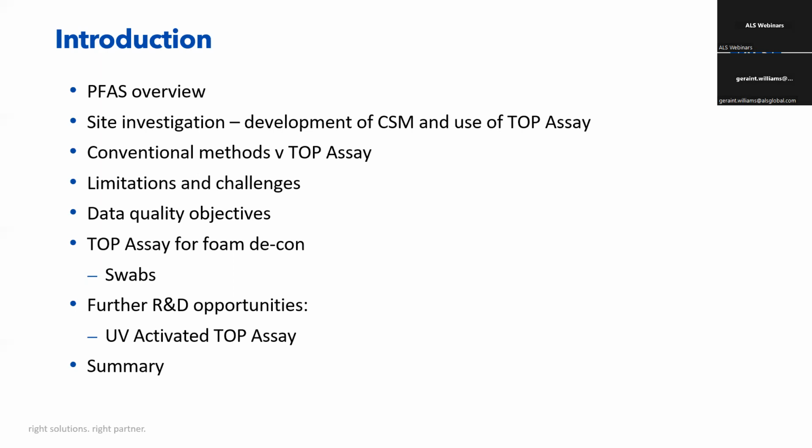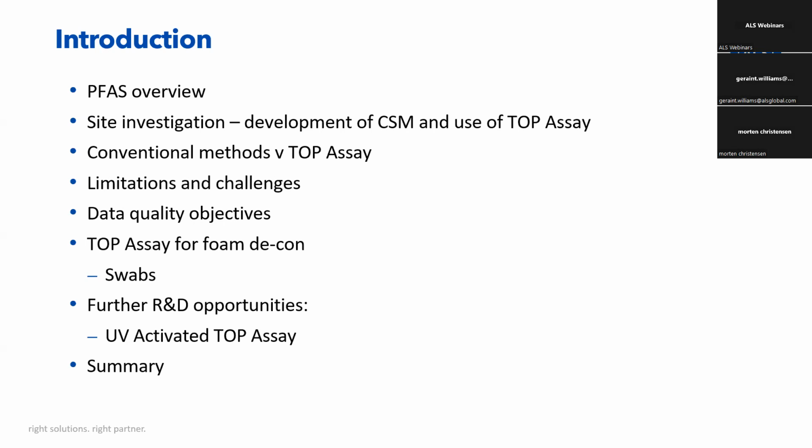But I wanted to talk quite a lot about why and when we use TOP assay. TOP assay can provide an indication of current risks and also future liabilities for sites which were impacted by AFFF, or aqueous film forming foam. That's the main advantage, I would say.